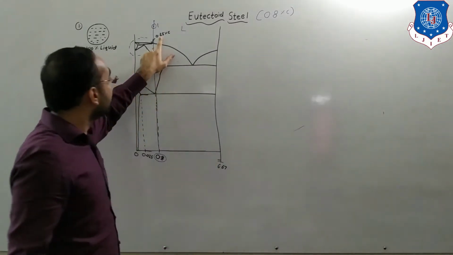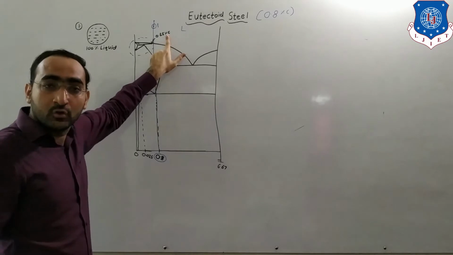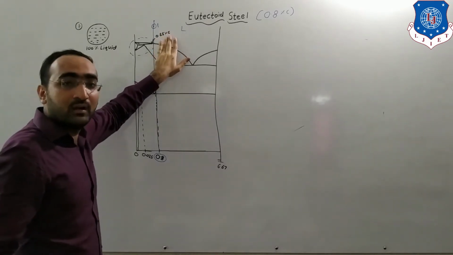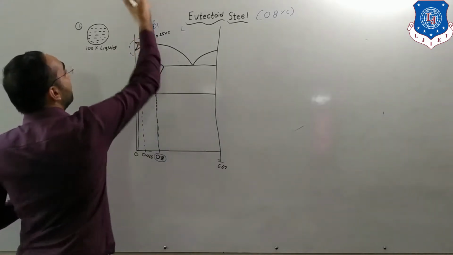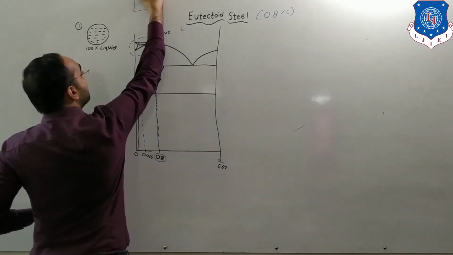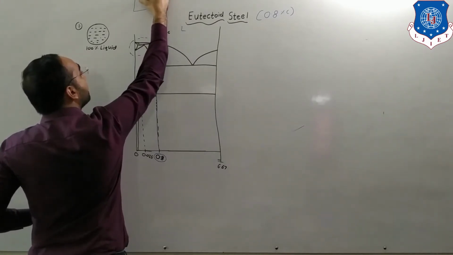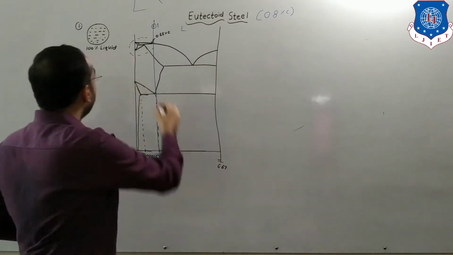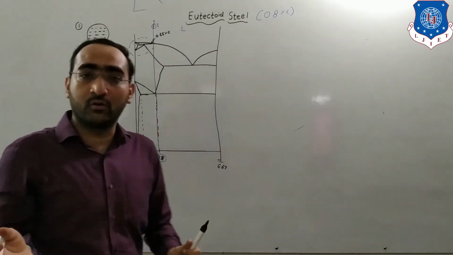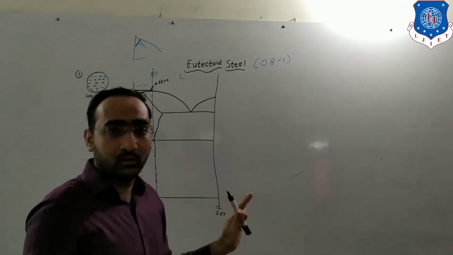Otherwise, in percentage composition, this is 0.55% carbon, so this region will not come under this area. So you can also draw it like this. The upper region can also be drawn like this. You can avoid this, but if you want, you can draw it. If you don't want, you don't have to draw it.